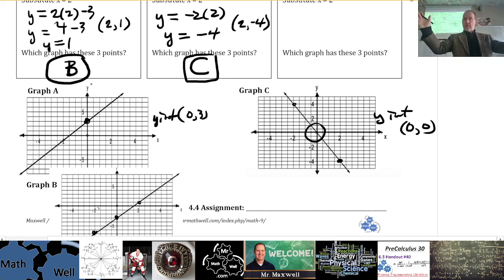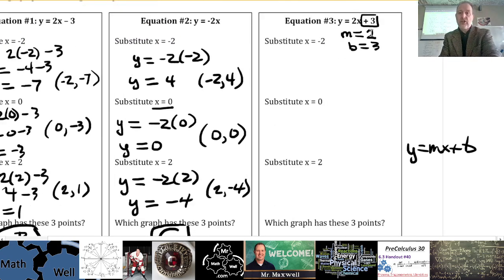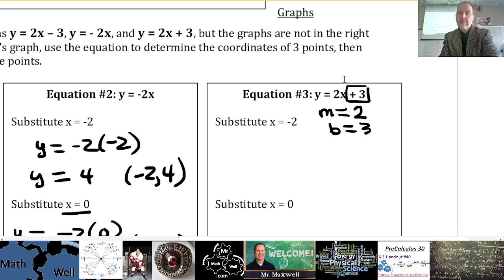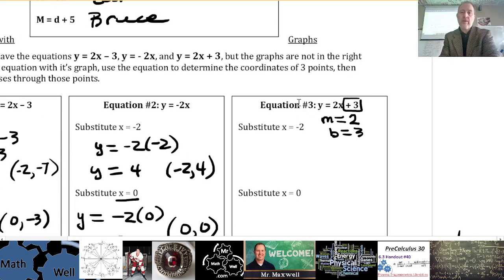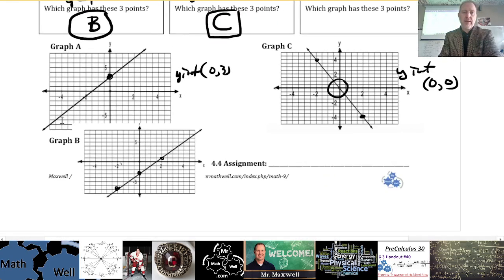Anyone ever heard that before? No? Okay, all right. Well, it'll come up again, but a slope of 2 is the same as 2 over 1. So if you remember with our table of values, that's how we calculated the number that multiplies by the x there.